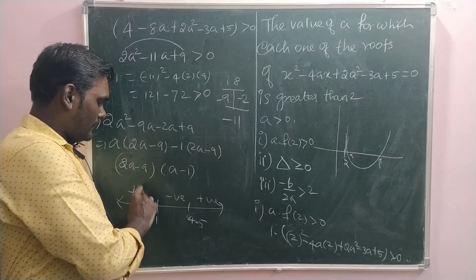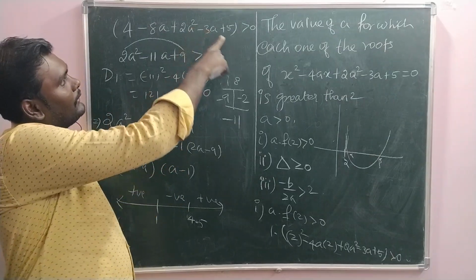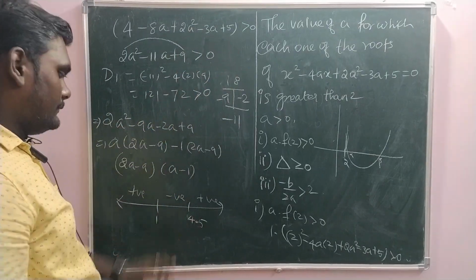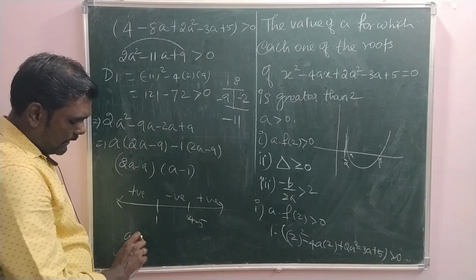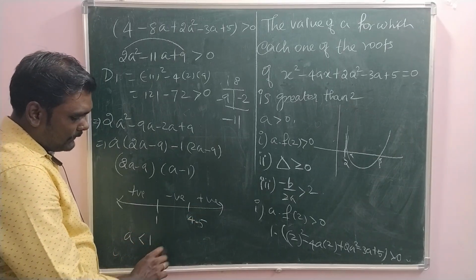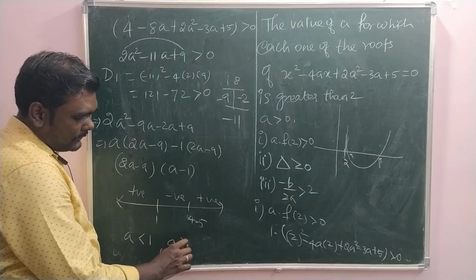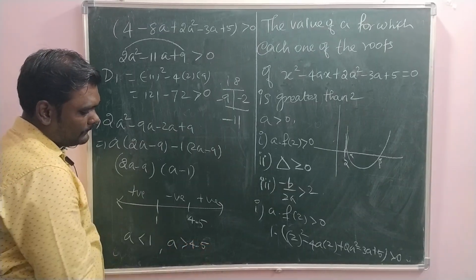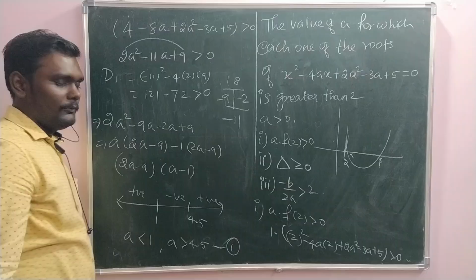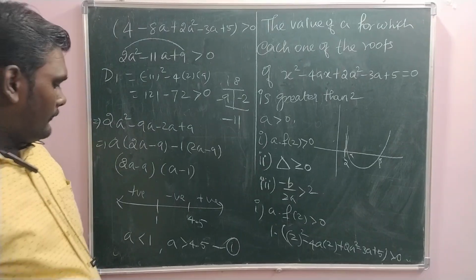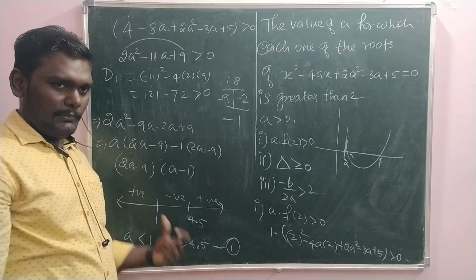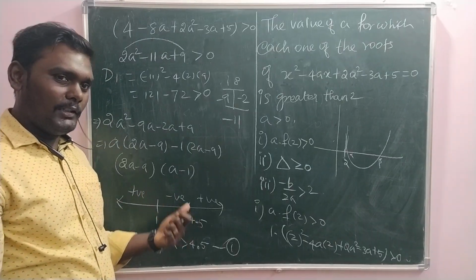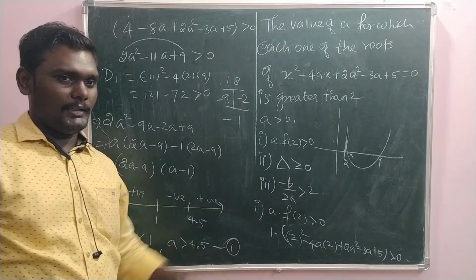Positive, negative, positive. Hey, we are asking. Yes, where it is positive. A will be less than 1 or a will be greater than 4.5. This is equation 1. Yes. A belongs to minus infinity comma 1 union 4.5 comma infinity.